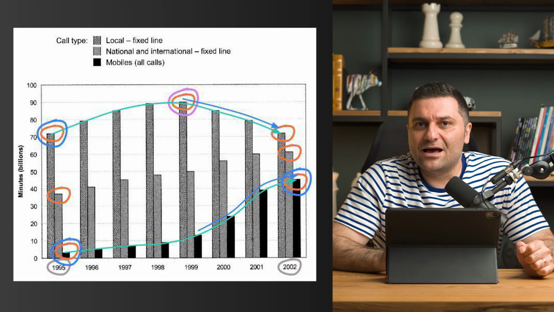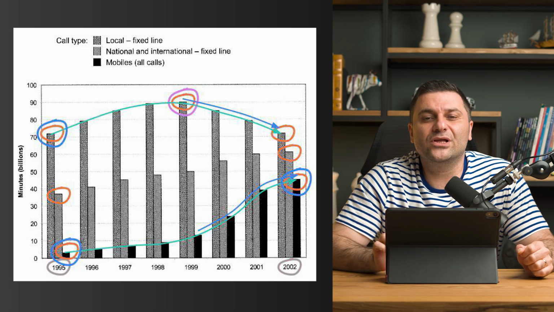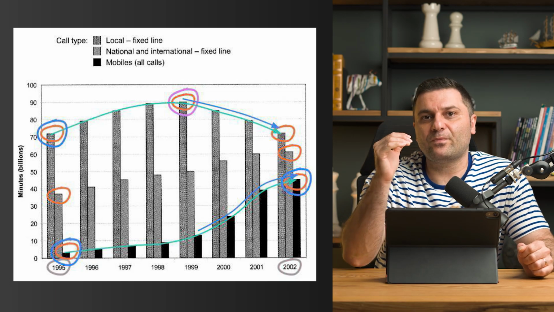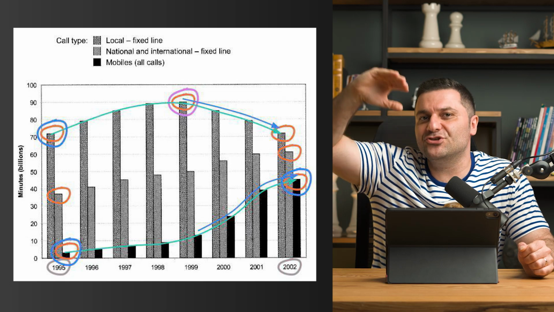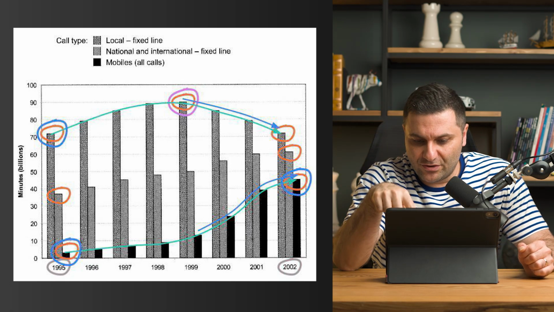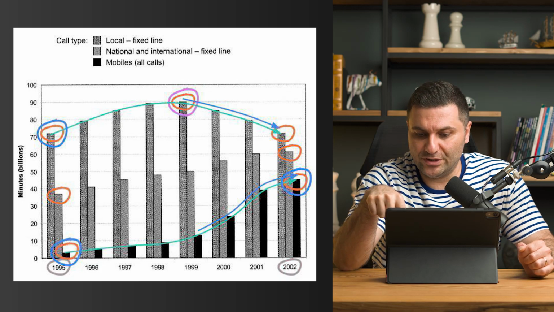Then we have another key feature, the turning point, as I have circled with purple color. A turning point may be when the line graph or bar chart reaches a peak, the highest point. As you see, in 1999, it's a turning point.